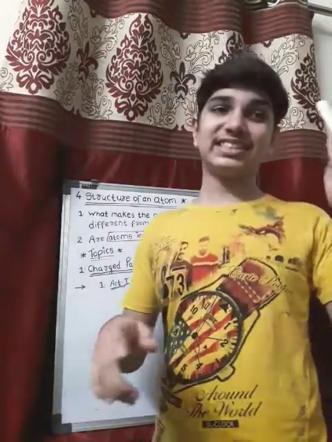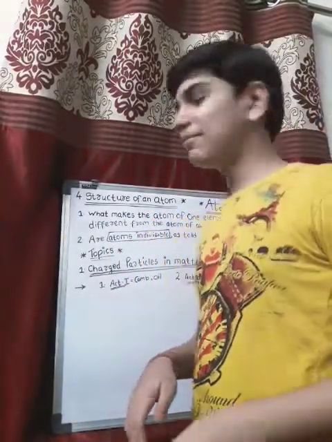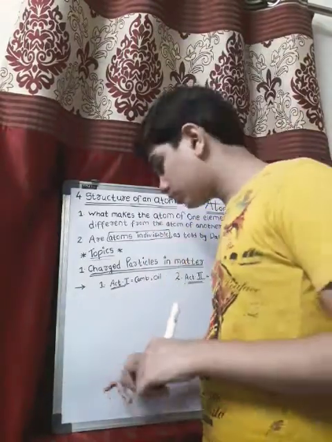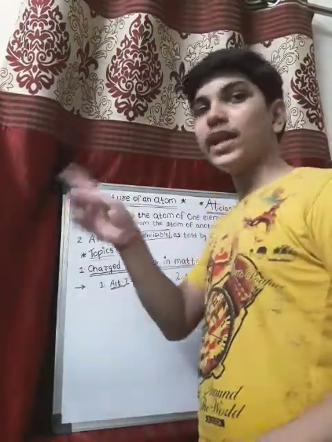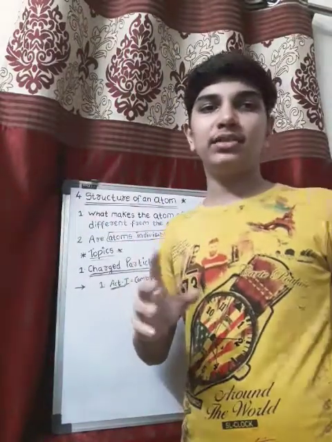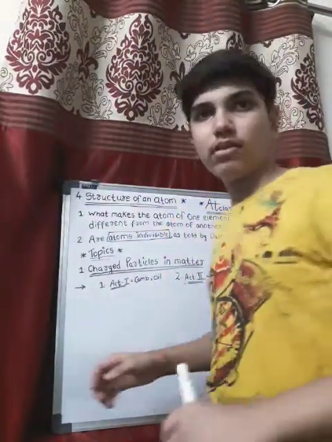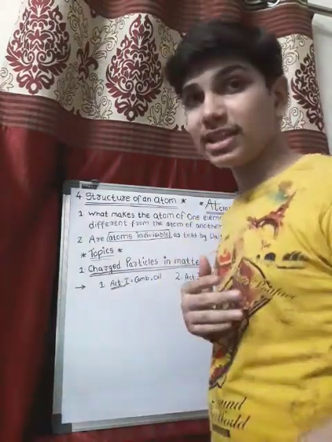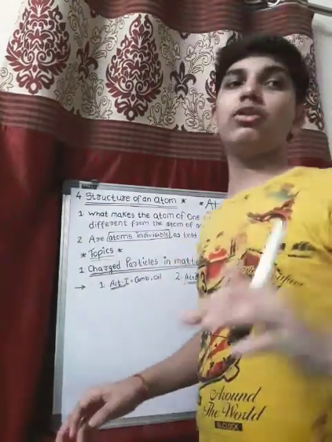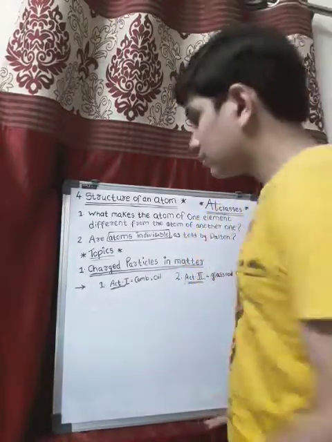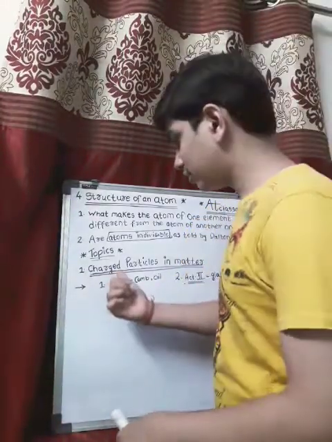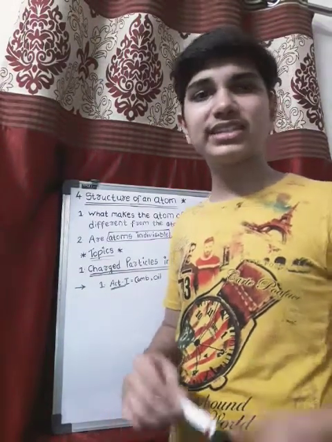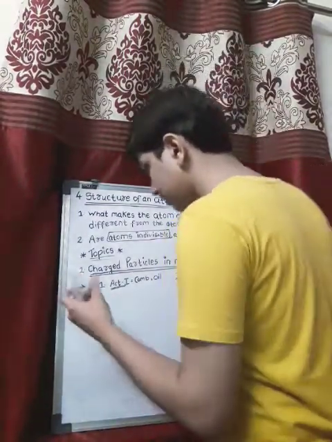I will not be discussing the whole chapter today, because I want you to go and read what I taught you here in NCERT and any other textbooks or your own reference book. And after that, when you come to the next class tomorrow, we will be learning further topics. There are 6 topics.